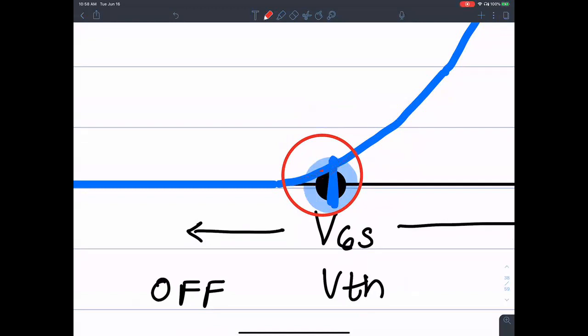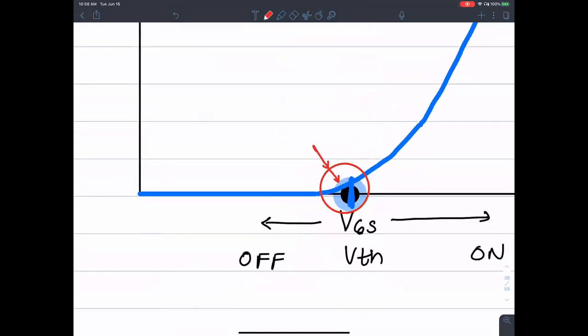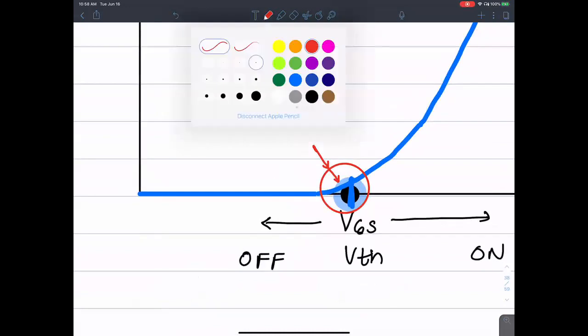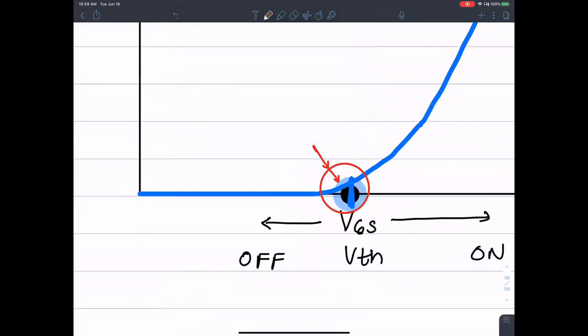Why is that happening? There is a specific phenomenon that we talked about in the last class. When VGS is approximately equal to V threshold but still not quite equal, it's less than V threshold, where the MOSFET is supposed to be off, but it's not off.